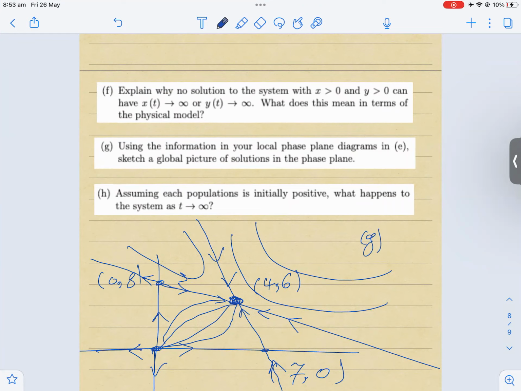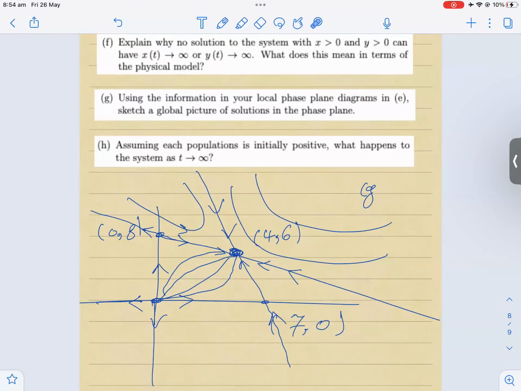Part H, assume that each population is initially positive. So what happens as t tends to infinity? By that time, what happens to that? I believe that, pardon? You just go to 460. With higher probability, yes. But something could happen because we have a saddle point or a weak attraction point, critical points as well. 0 8 7 0.